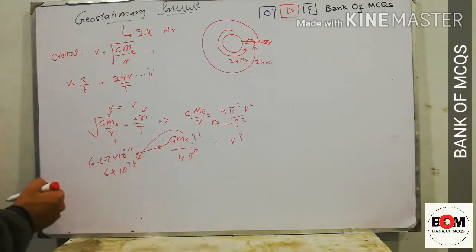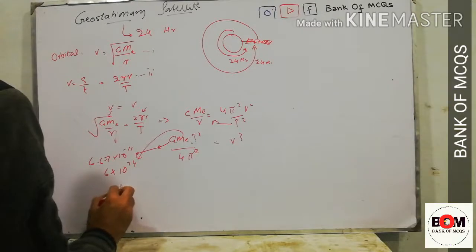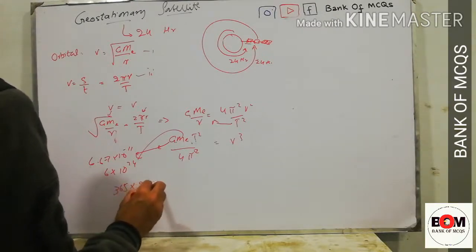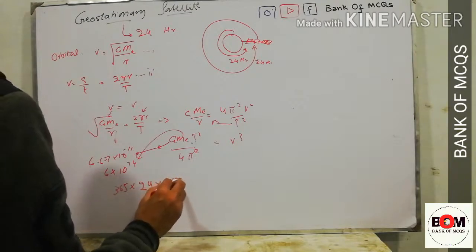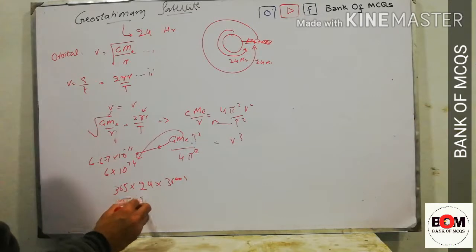and T is the time to complete one rotation, that is 24 hours per day multiplied by 3600 seconds per hour. And the value of pi is 3.14.